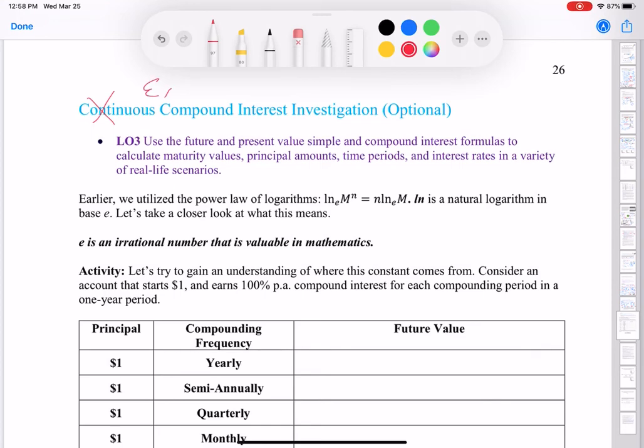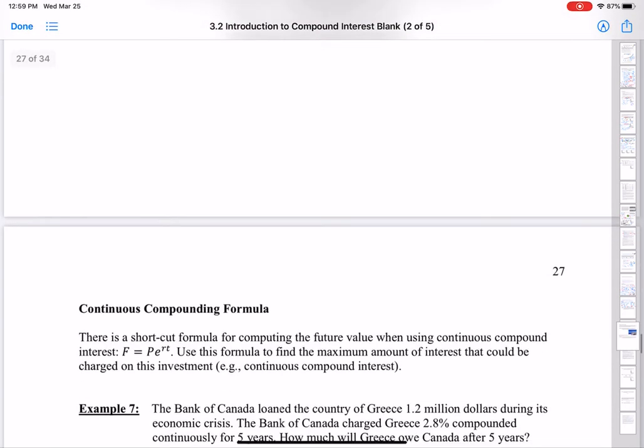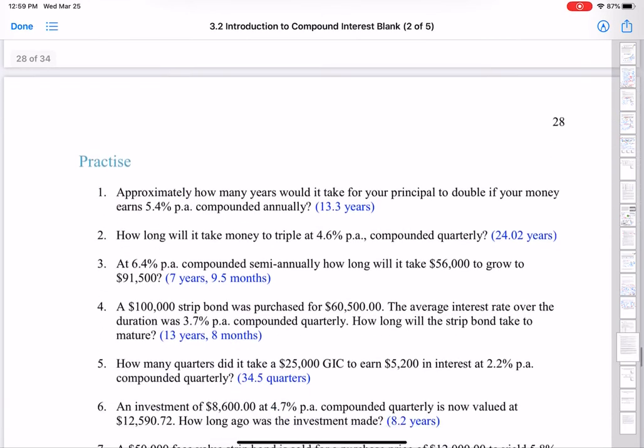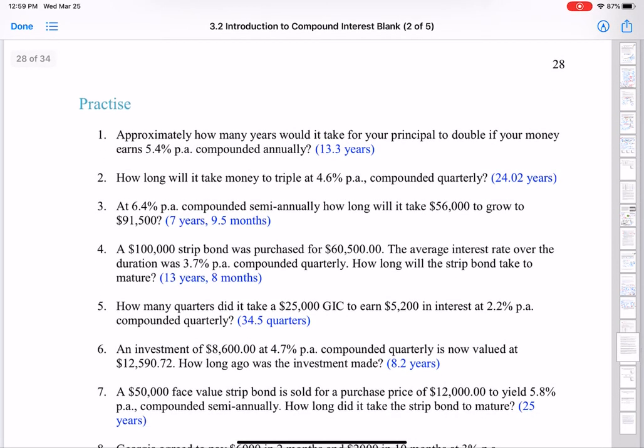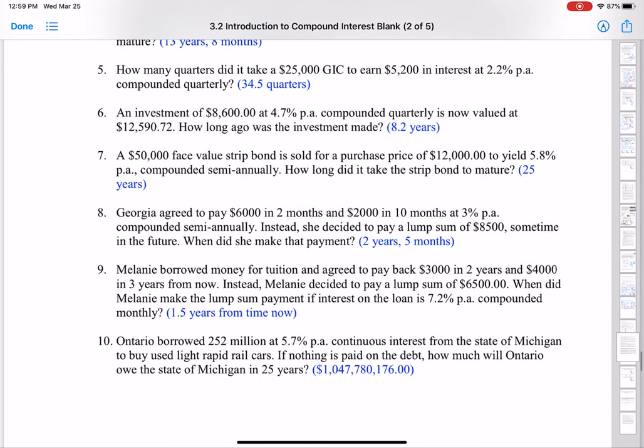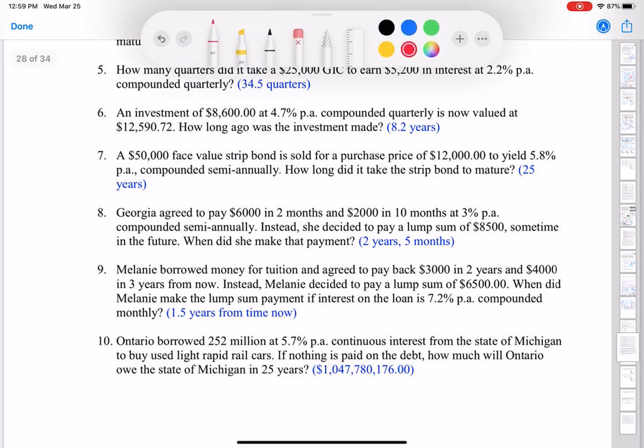It's always been an extension that I do with my classes if I have enough time. So you are able to do all of the student practice that is in this particular lesson, and please omit 8, 9, and 10.